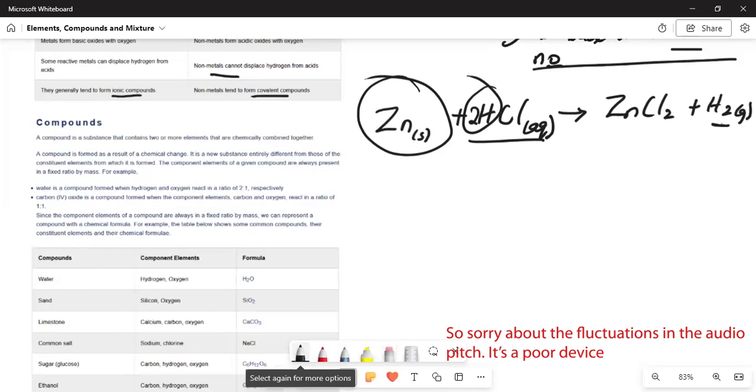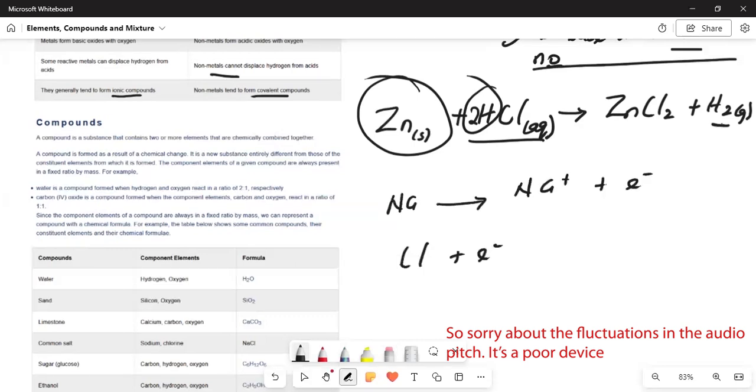Now, when an electron is removed from sodium, for example, to give a sodium ion, and then chlorine accepts that electron to become a chloride ion, there is a total transfer of electron from sodium to chlorine, such that because sodium is now positively charged, while chlorine is negatively charged, positive and negative will always attract. That is, unlike charges will always attract.